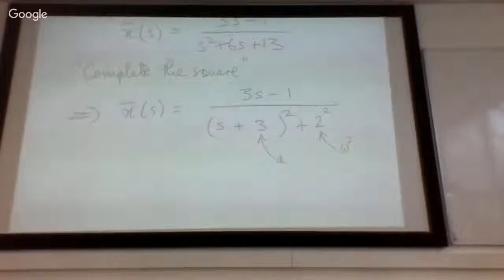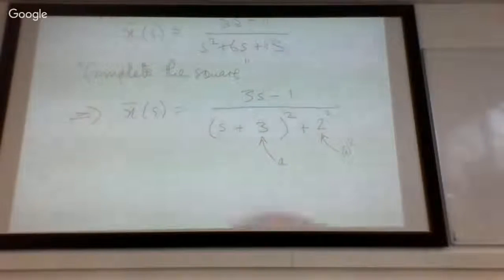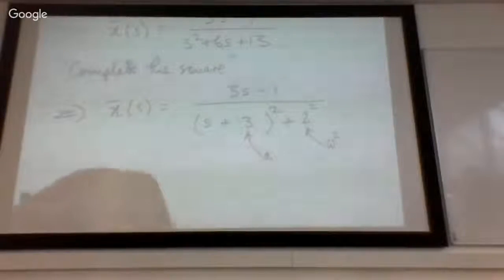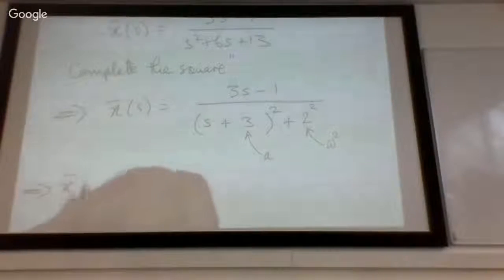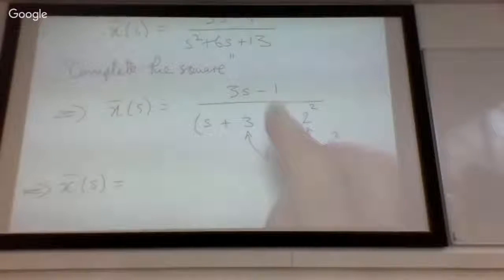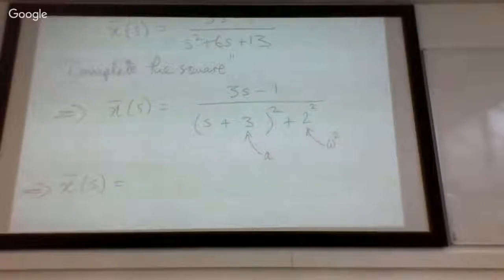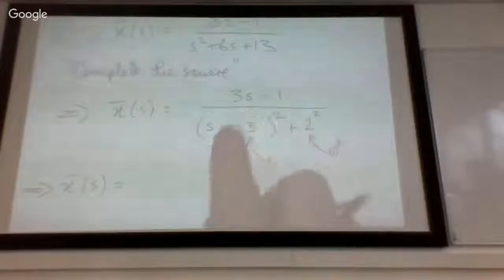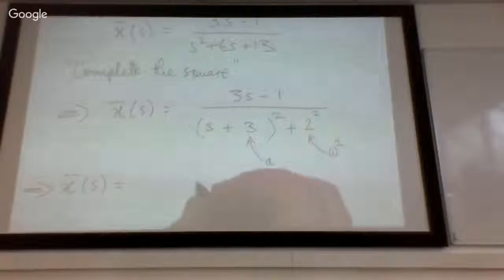Okay, so now that's set up for taking the transform of it. Although you'll see we just have to do another little bit of adjusting. We've got an s and a constant. So if you want an s in the numerator, you have to have it as s plus a. So we have to have it as this s plus 3.